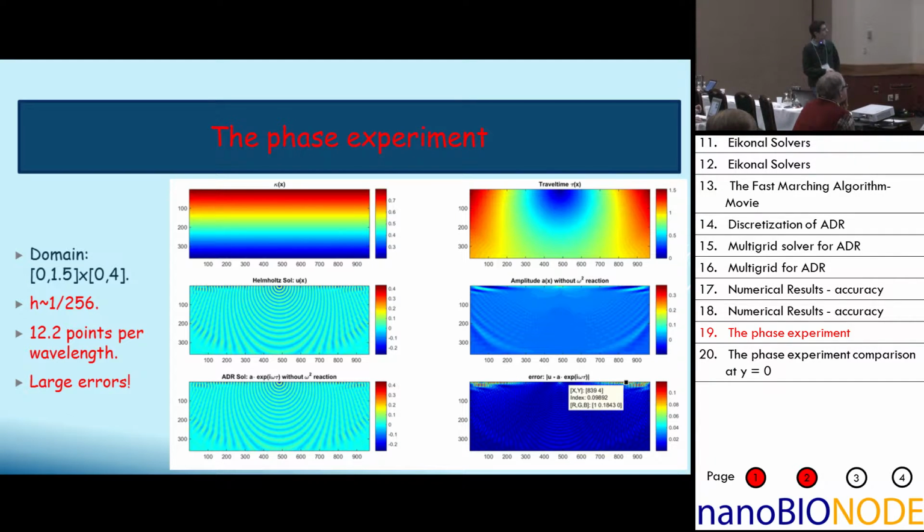By eye, you can see that the solutions are pretty similar, but when you look at the error, you can see quite large differences at the top, right where we plan to measure our solutions. We get almost 0.1 difference, where the amplitude is also 0.1.